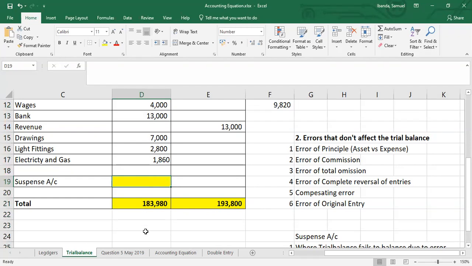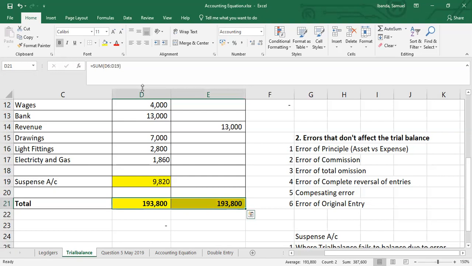Let me just get the difference between these two, which is 9820. So I would include it there. When I include my suspense value here, these two values will now balance.